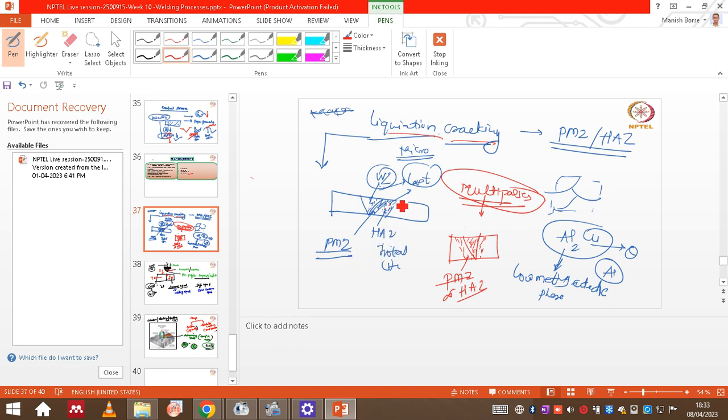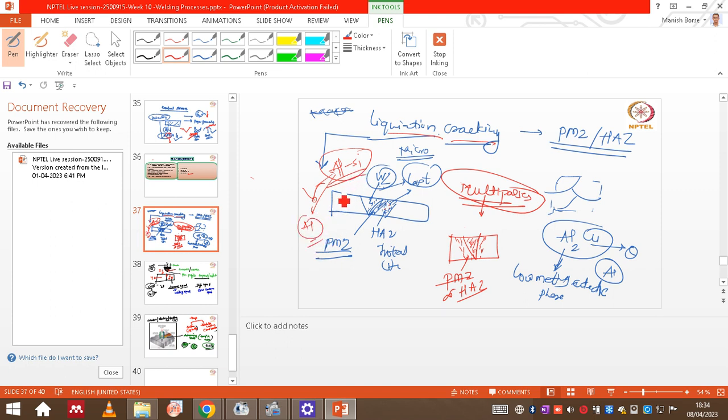Okay, so if we add a certain element or filler material, in the case of aluminum, mostly aluminum silicon will be preferable. As I said, aluminum silicon has a eutectic composition, so it will form low melting eutectics. If we add certain elements, it will solidify last because it has a lower freezing temperature compared to molten aluminum, right?